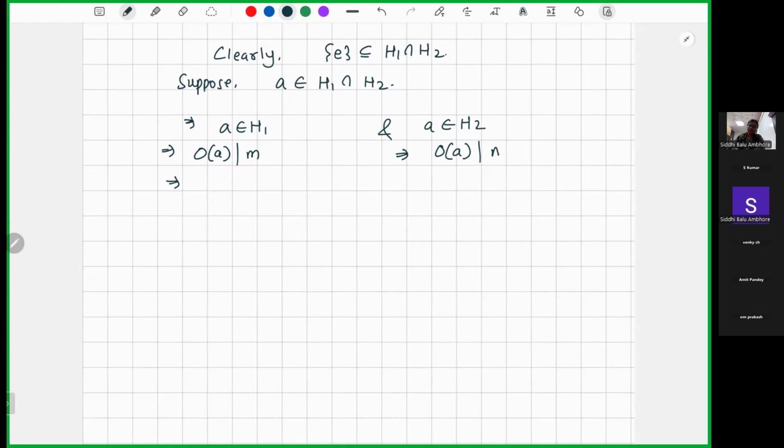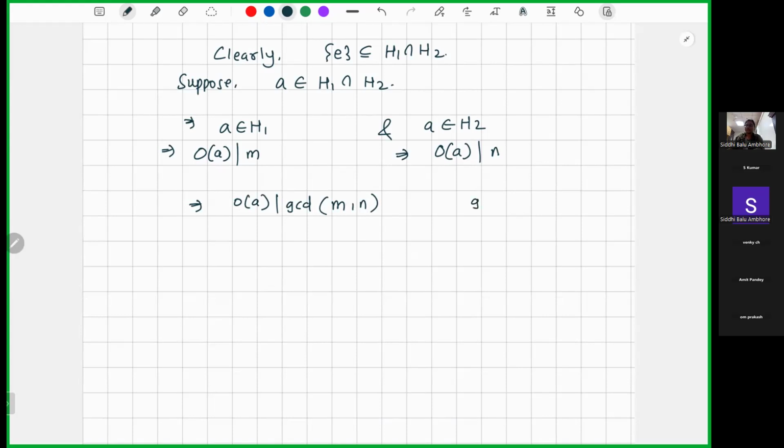So these imply that the order of A will also divide the GCD of M comma N, right? Is this true? This is true, you can check this.